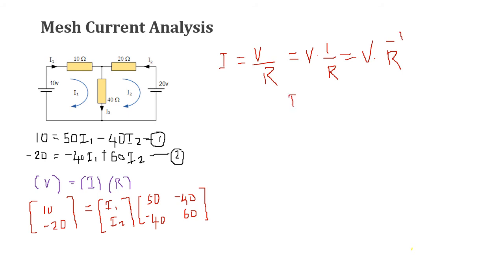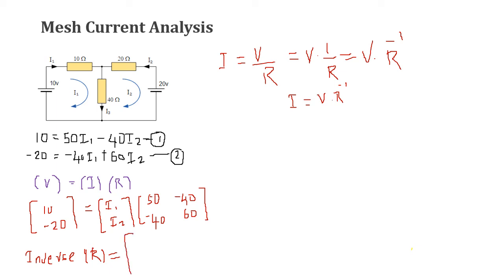So I is equal to V into R inverse. Here we know the I matrix and V matrix, but now we need to find the inverse of the R matrix.